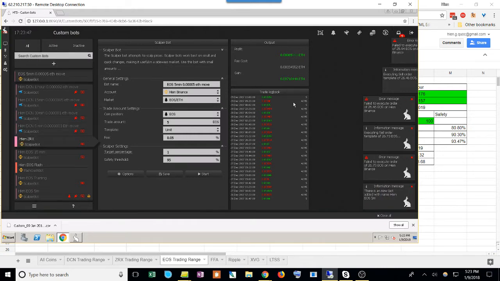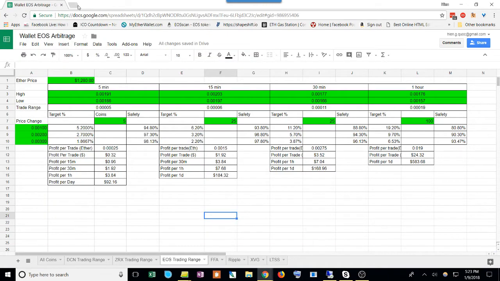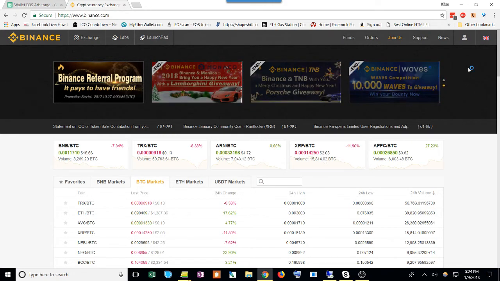Before I actually start doing that, let's look at the charts real quick on Binance. I started trading on Binance because withdrawals are much better. I feel more comfortable when I withdraw something and it comes out right away, and I don't have to wait a few days. I do have some coins stuck in limbo because it hit BTC, and that's not cool.